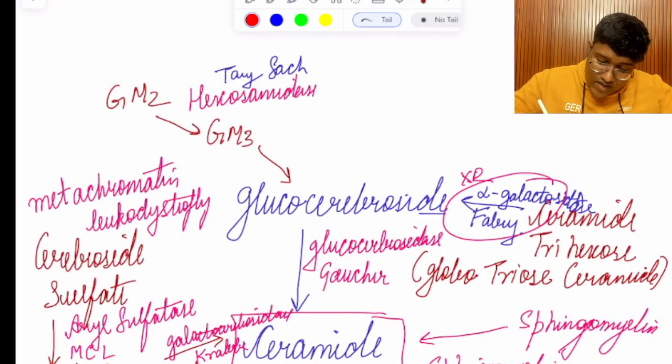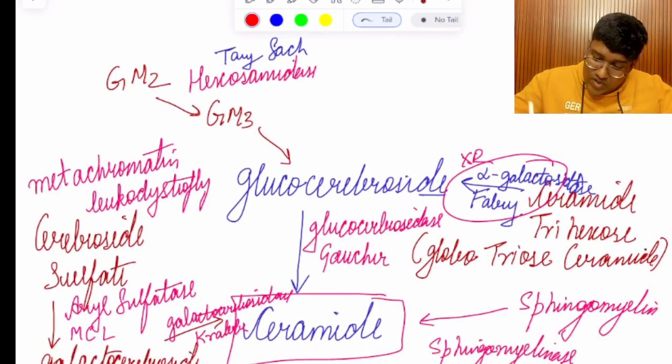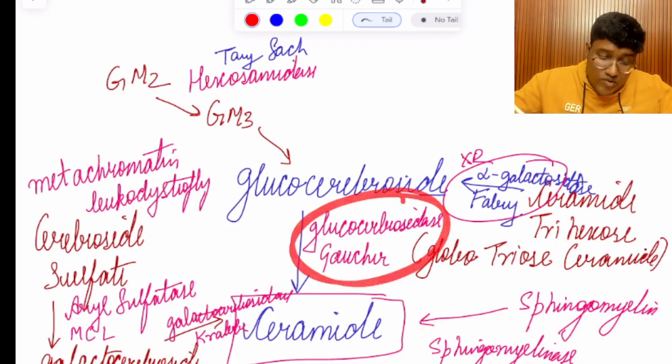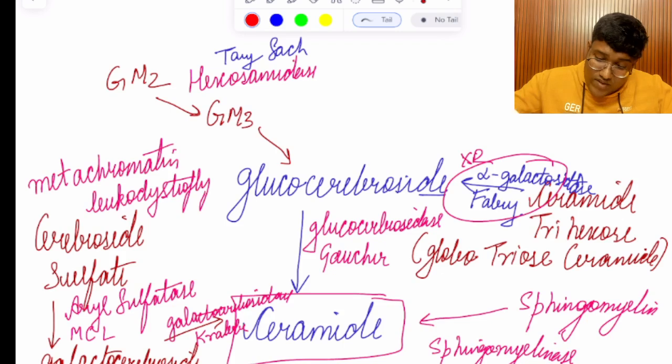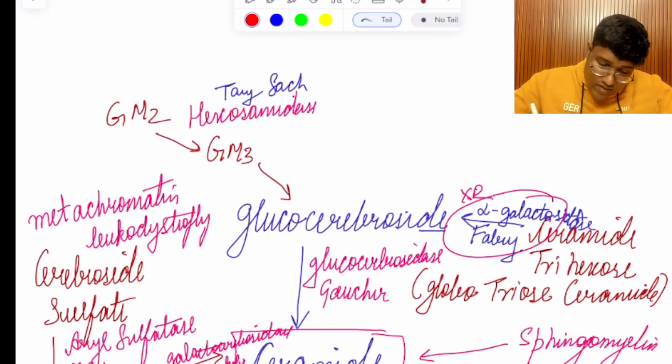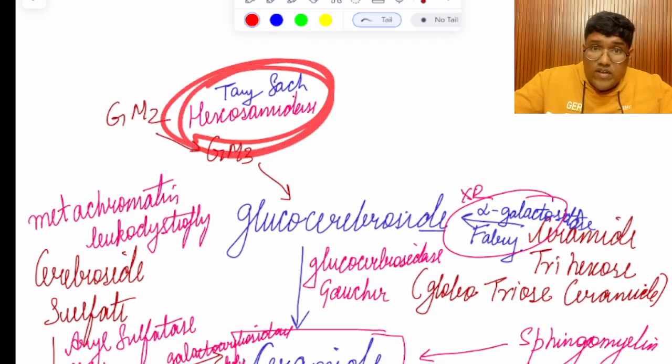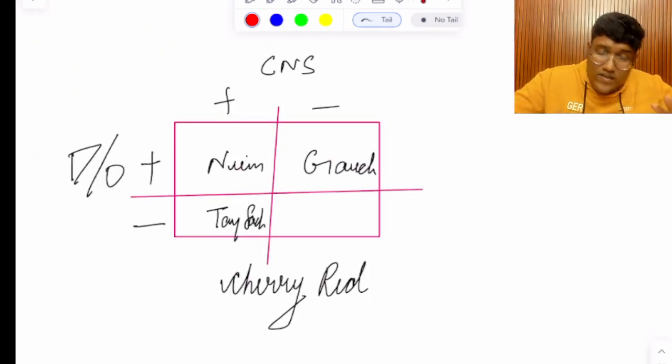So N, that is Niemann-Pick. Niemann-Pick, sphingomyelinase deficiency. When we talk about Gaucher, where's Gaucher? Glucocerebrosidase. Okay, and where's Tay-Sachs? Tay-Sachs is going to be here. Hexosaminidase. So you got it. So these are the three, and these are the symptoms you need to remember.